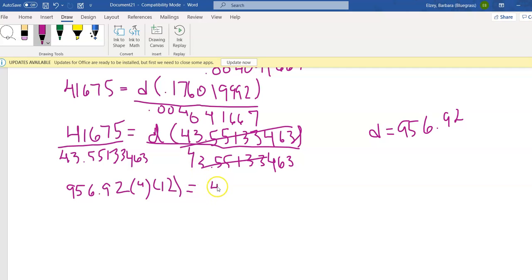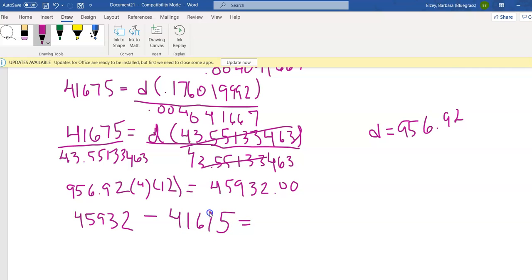So we're ending up paying $45,932, and it rounds to 0 cents here. Okay, now let's notice that what we pay is, of course, more than the loan that we originally took. So to find the interest, we'll just take what we paid, which is this, and subtract off the amount of the loan, and that's going to tell us the amount of interest that we're paying.